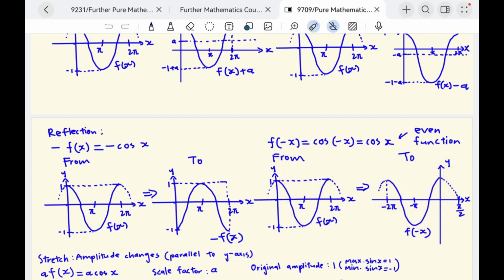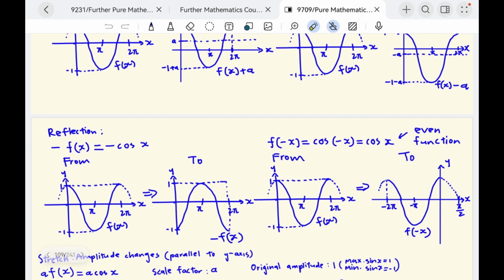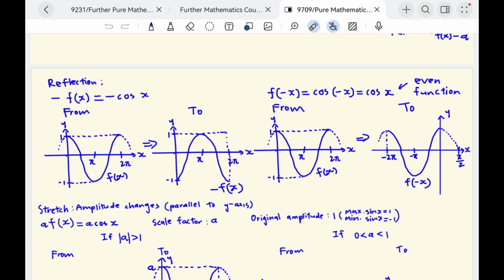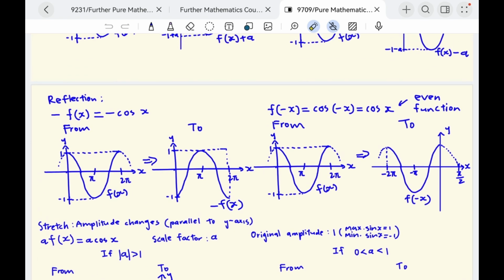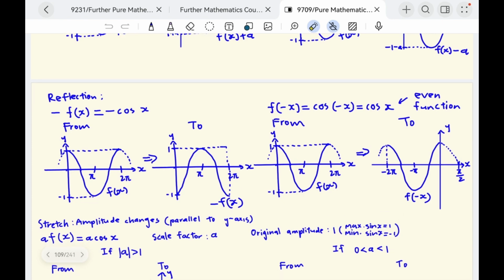Which means that the 4 negative quadrants on the left hand side have the same pattern of the graph as the 4 positive quadrants on the right hand side. Okay? So this is clearly evident that the cosine function is an even function. Alright? Apologize that I need to repeat many times for your understanding. Okay?